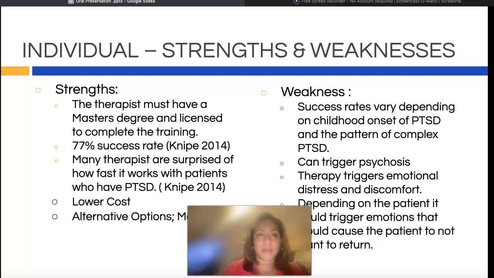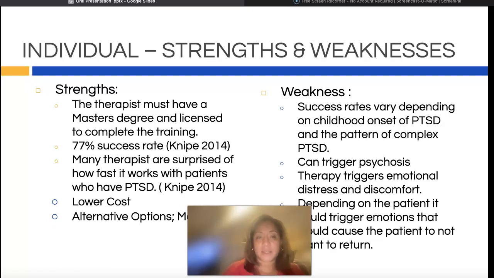But I think from the client standpoint, it's a positive thing, and it's a strength, because whoever is working with you is well trained and experienced and skilled, not only with clinical therapy and recognizing signs and symptoms of mental health trauma, but also can help to work with the patient in a healthy way.